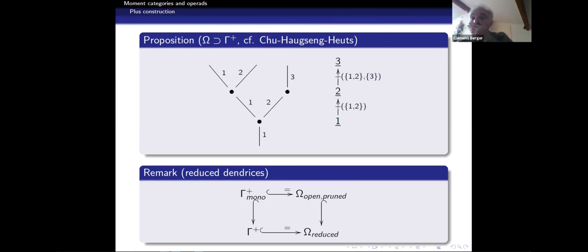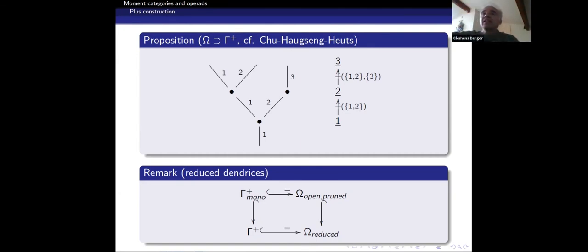But now, in the definition, you don't require that your active maps are monic. They can be any active maps, so this means that parts can be empty. And if a part is empty, then you just stop there.